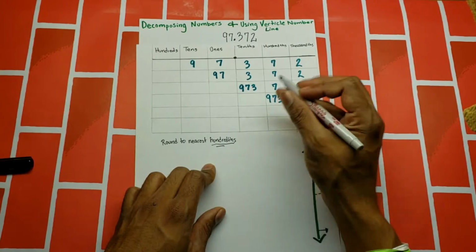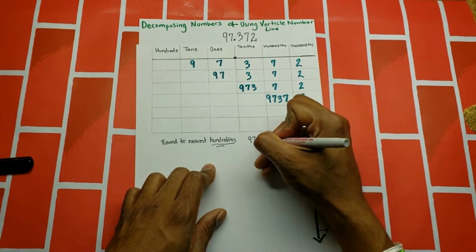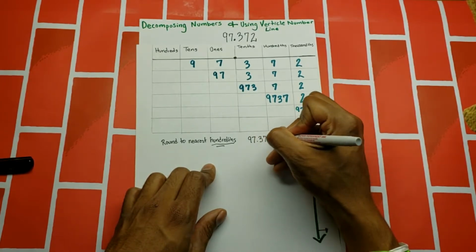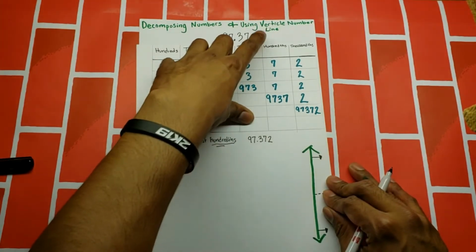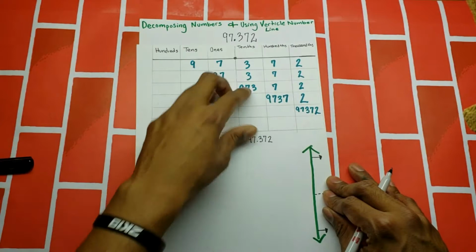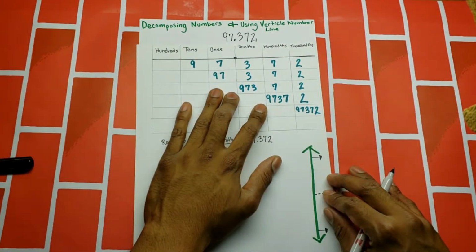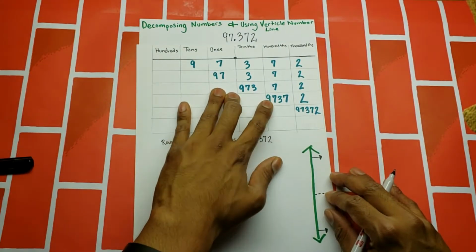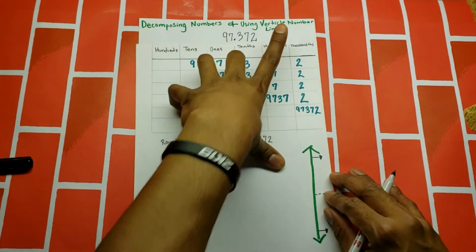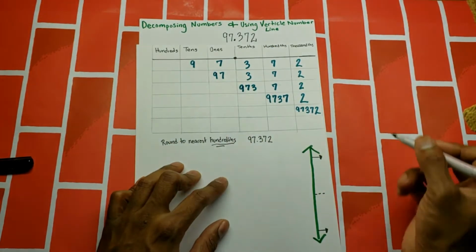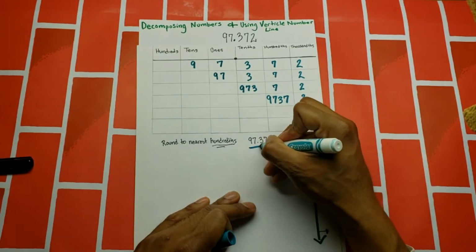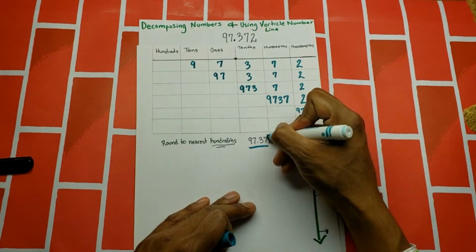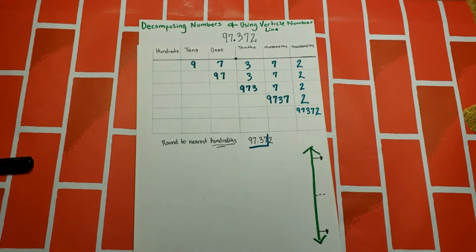So I'm going to look back at my number, which is 97.372. I'm looking at my chart. And I see that the most amount of hundredths is going to be 9,737 hundredths, which is the same as 97 and 37 hundredths.